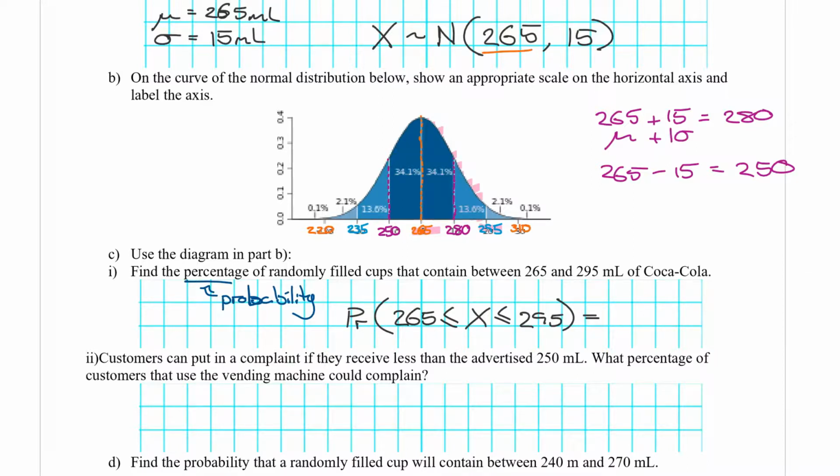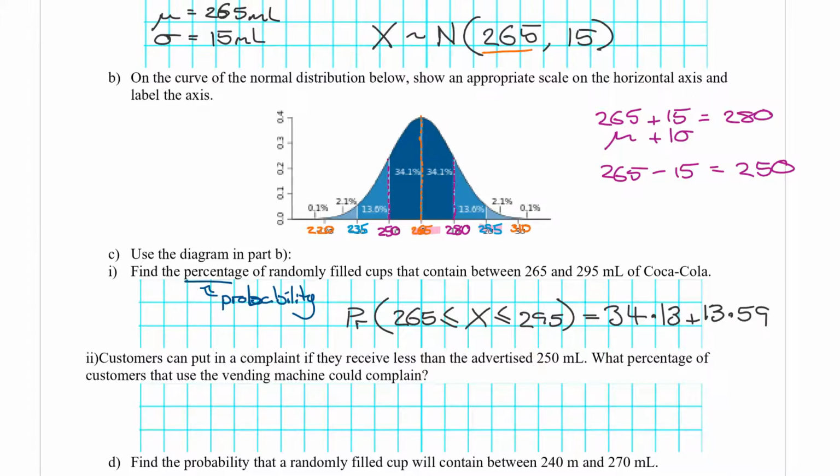That wasn't very clear, was it? We have to add the area that's represented in here. Now, if we want to be really specific, then we can grab the values, and we know that the area in this little section here is going to be approximately 34.13 if we want to be quite pedantic. And the area that's represented here is going to be 13.59.